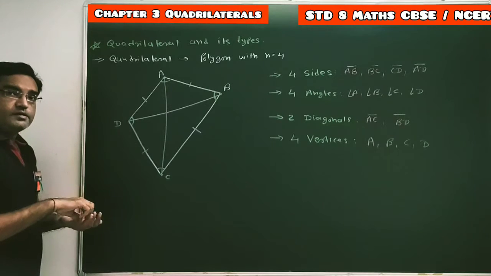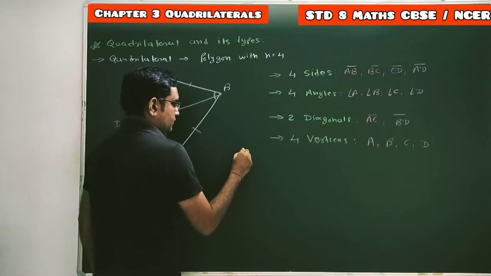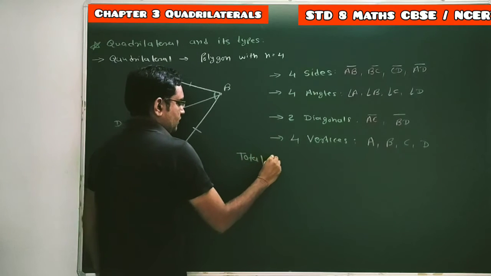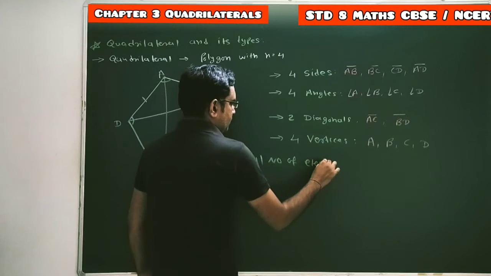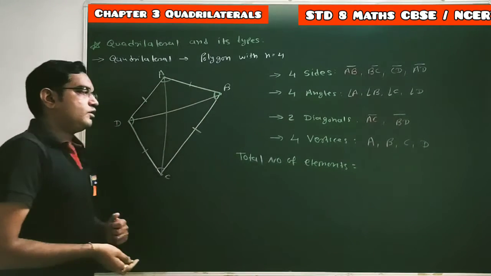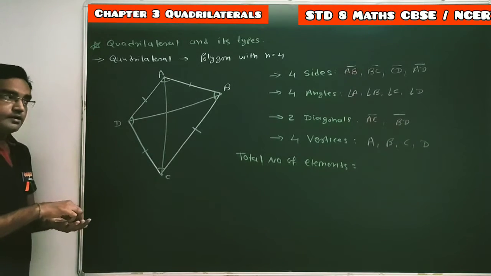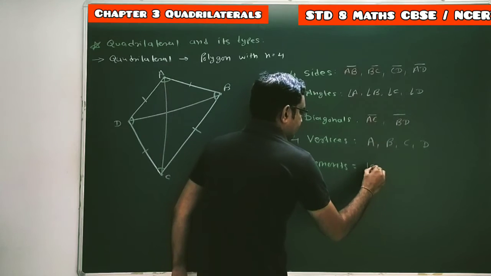Now if we consider the total number of elements of a quadrilateral, the total number of elements is nothing but 10.